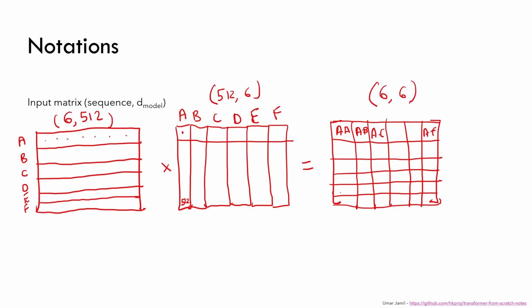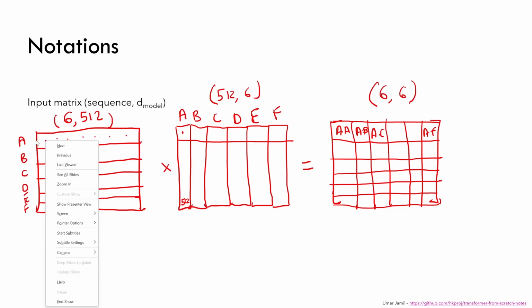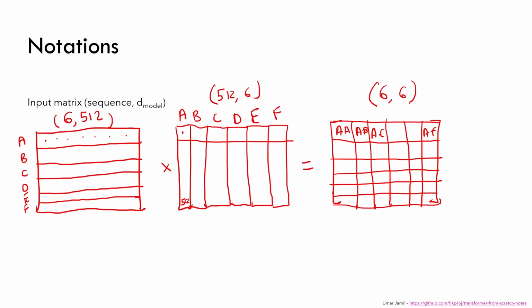What is the dot product? It is basically you take the first number of the first row. So here we have 512 numbers. Here we have 512 numbers. So you take the first number of the first row and the first number of the first column, you multiply them together. Second value of the first row, second value of the first column, you multiply them together.